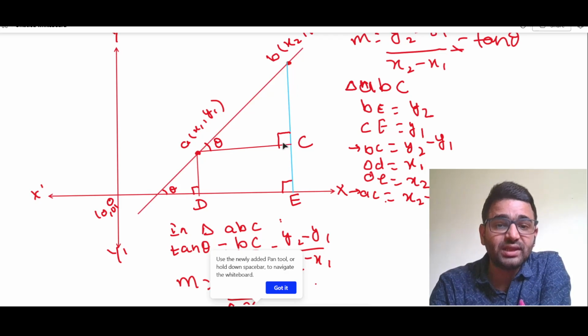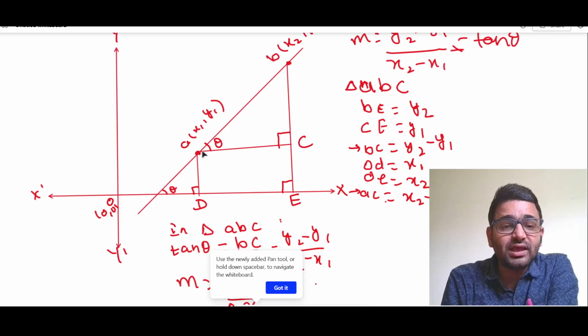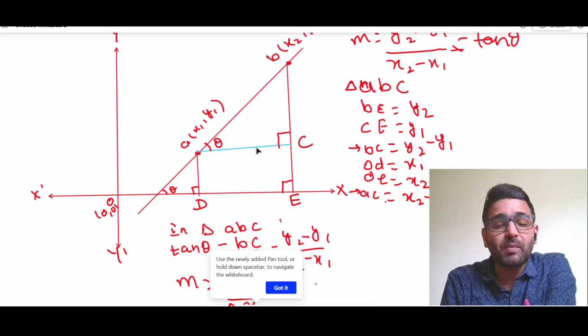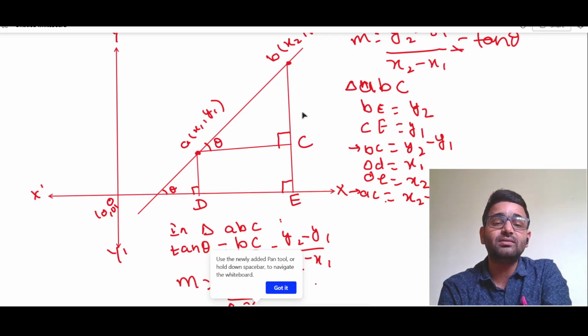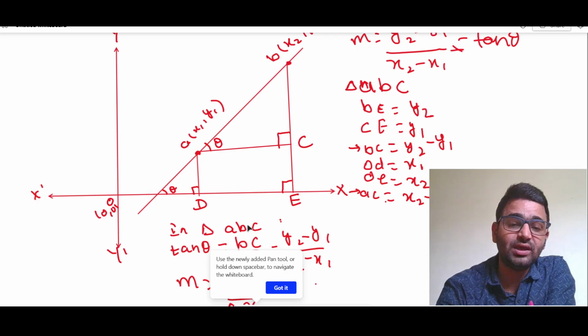Here we can see BC is reflecting change in y, and change in x is this part. And which trigonometric function is giving the relation between these? So tan theta is the only one which gives the relation between perpendicular and base. If we are considering this as triangle ABC, then this is our perpendicular BC and this is our base AC.